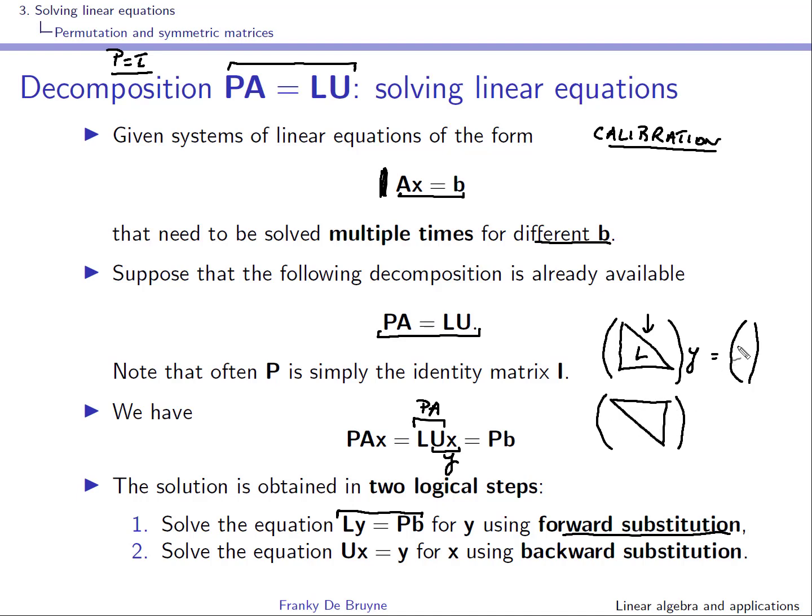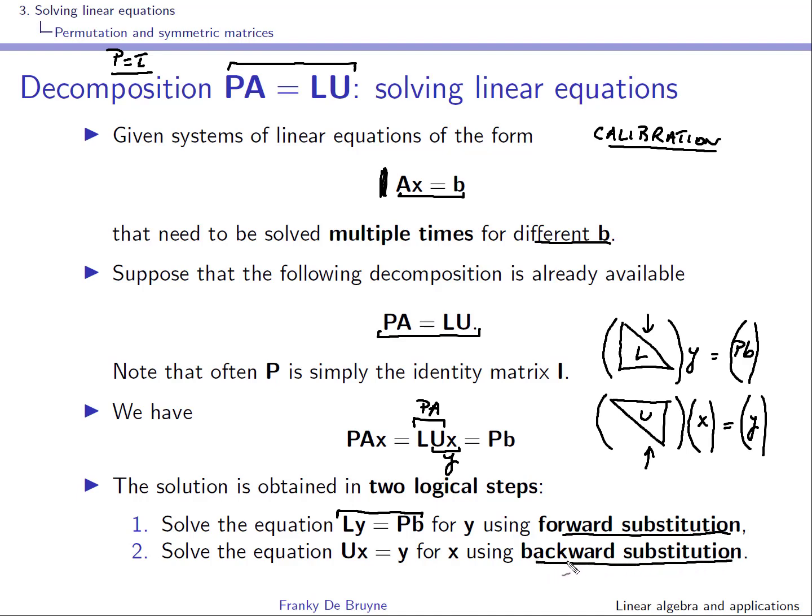This was my PB over here. This is U. This is the X I'm looking for. Here you put the y that you obtained in the first step, and since this is an upper triangular matrix, you start from the bottom and do backward substitution.